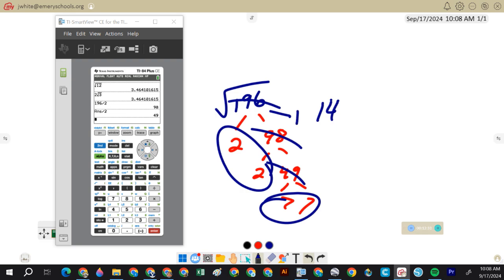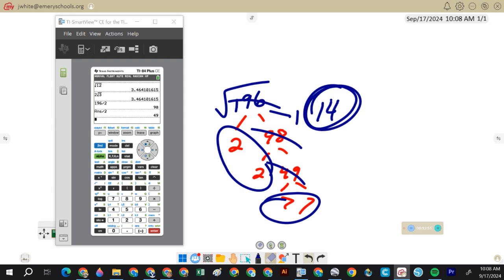We just don't write it down because it doesn't actually do anything. So if everything comes out, then the square root disappears. So the square root of 196 is just 14. What? Yep, 14 squared is 196.